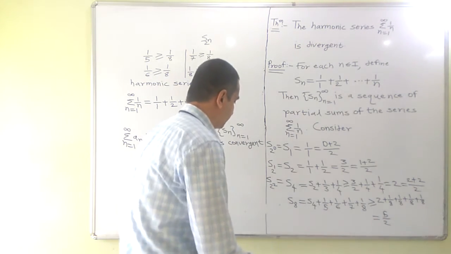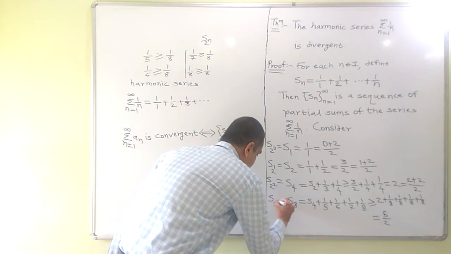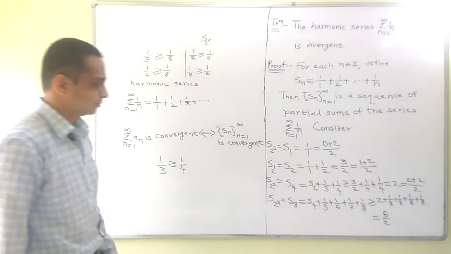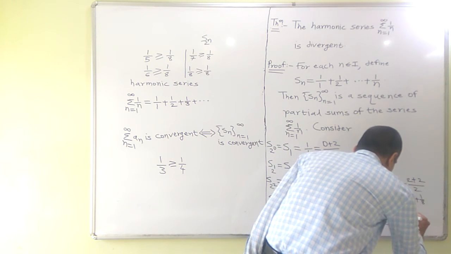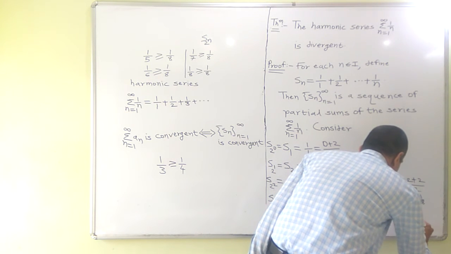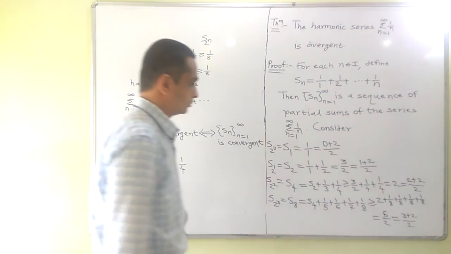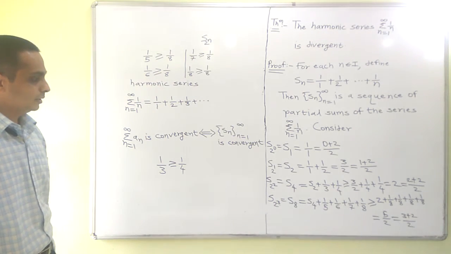Now we could guess the pattern. This is S_(2^3), and this I am going to write as 3 plus 2 upon 2. Okay.